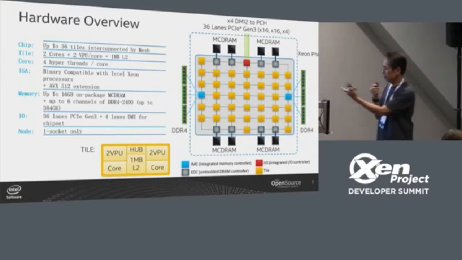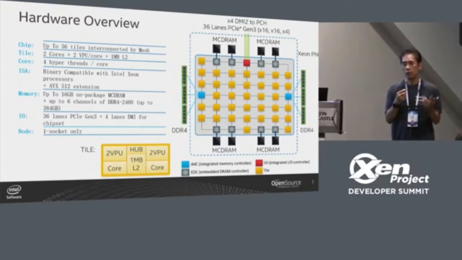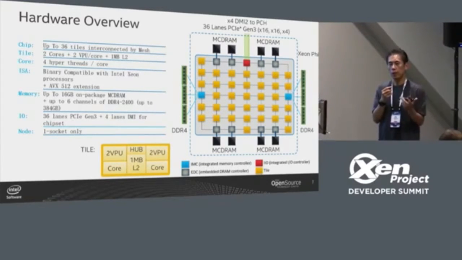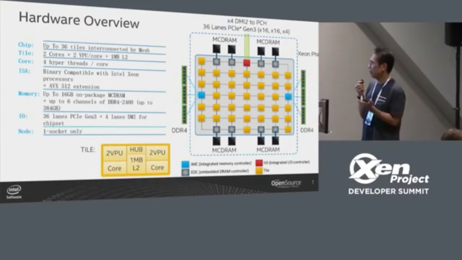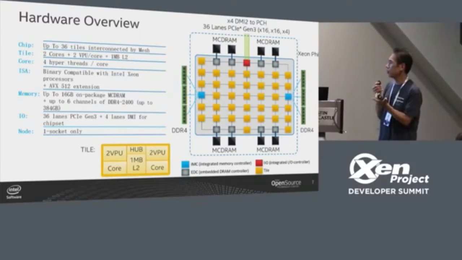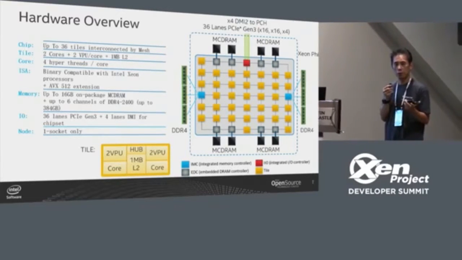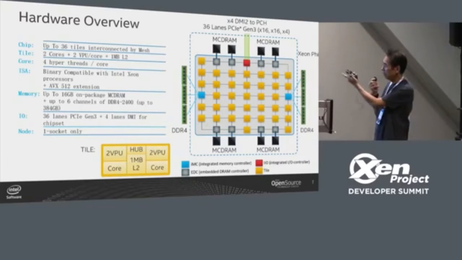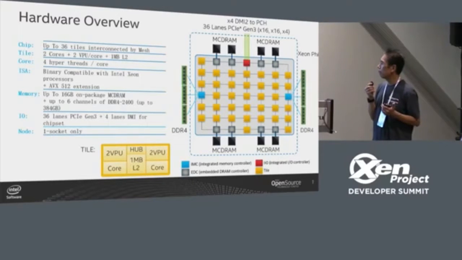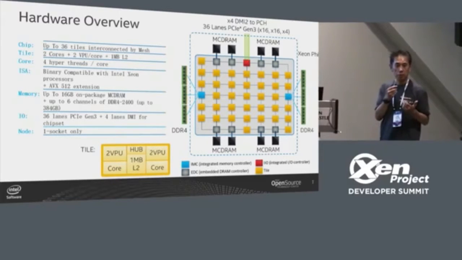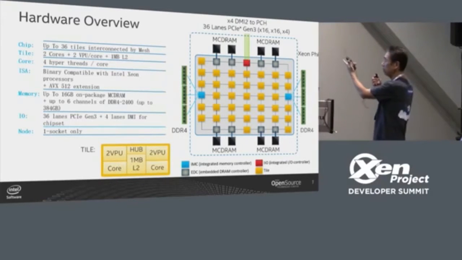On each core, we can have 4 threads, and each core has 2 vector processing units that are used for AVX-512 and that kind of thing. And then I mentioned the high bandwidth memory, that is MCDRAM.